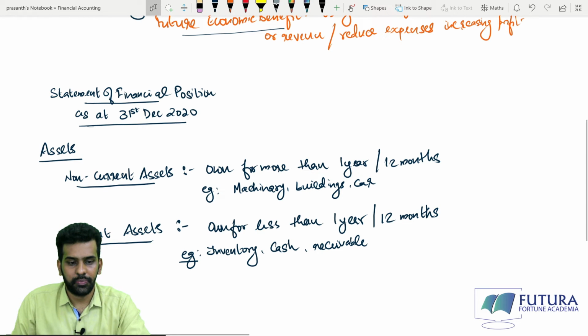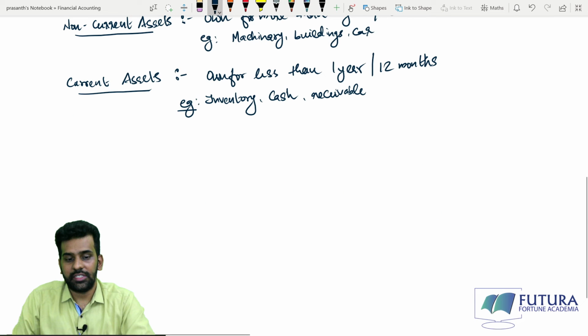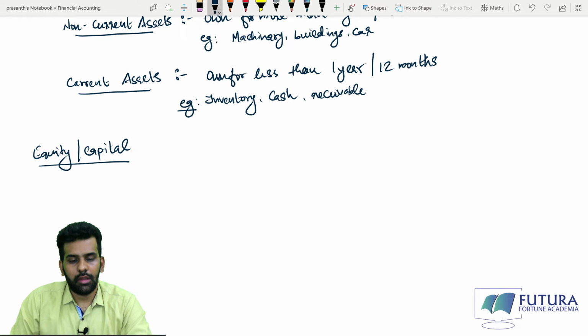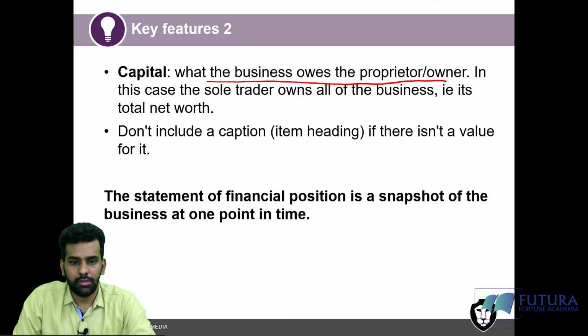The next part of your statement of financial position comprises equity or capital. Let us learn about capital. Capital is what the business owes the proprietor or owner. If you remember the last chapter, we studied the business entity concept, where you consider the owner and business to be separate.